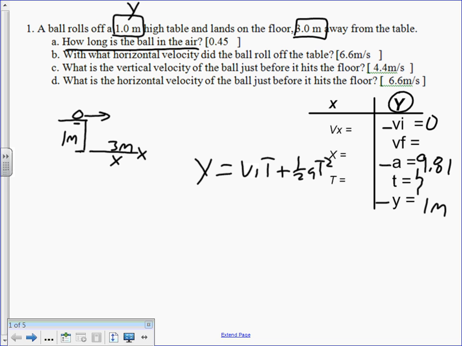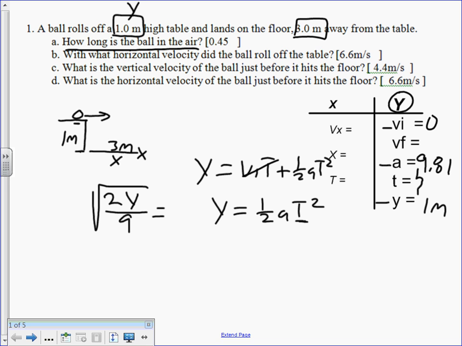Since Vi is 0, this cancels out of the problem, simplifying it to y equals 1/2 a t squared. This is true on all roll-off problems because Vi is always going to be 0 when it rolls off the edge of something. So what I want to solve for is t. I rearrange that, and it comes out to be the square root of 2y over a, and that's going to equal t.